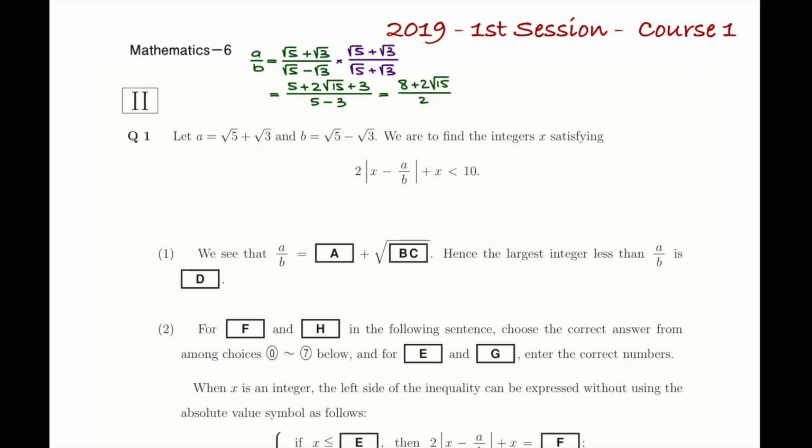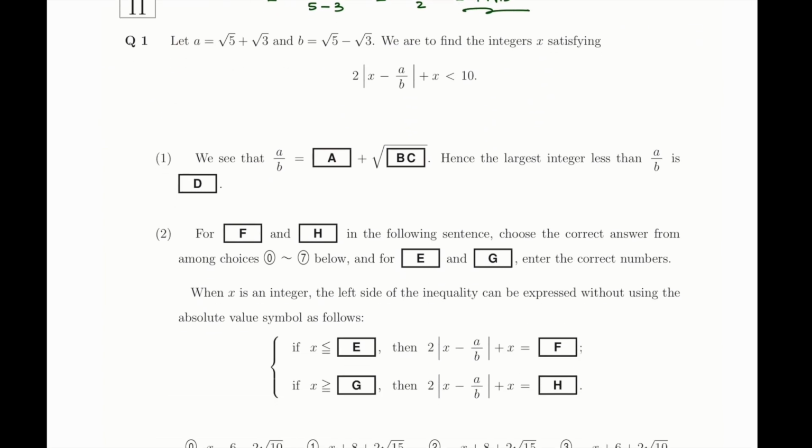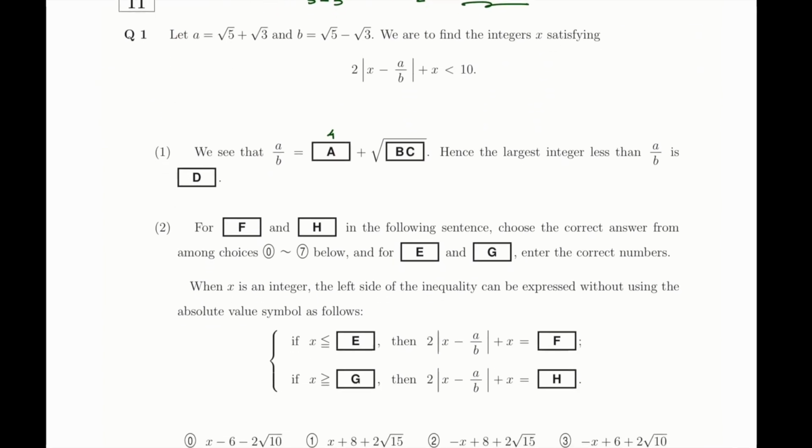Of course, we can divide all the terms by 2. So I will get 4 plus square root of 15. This is my a, b, and c. So a is equal to 4, b and c are equal to 1 and 15.